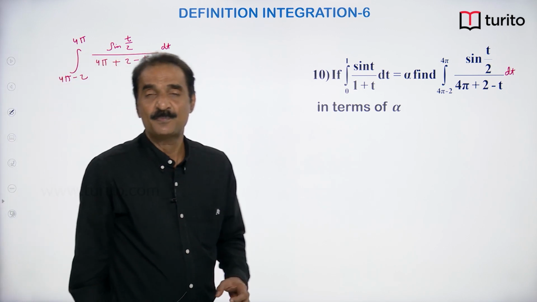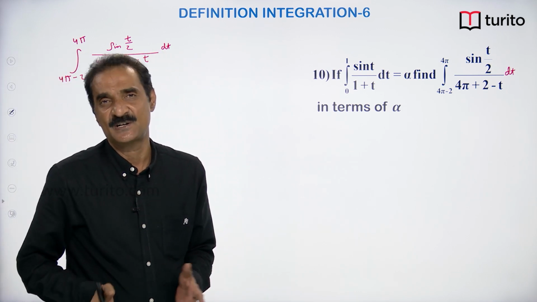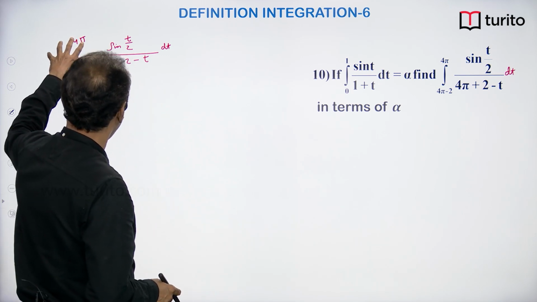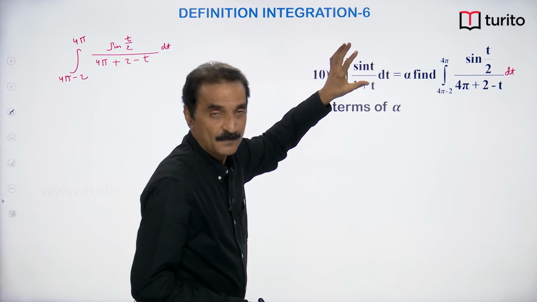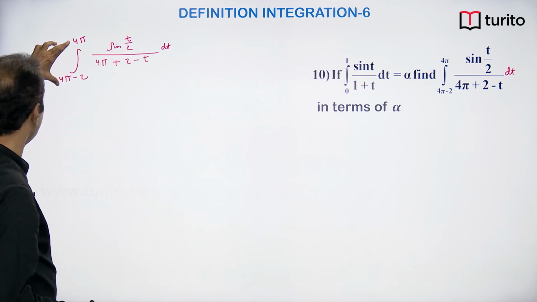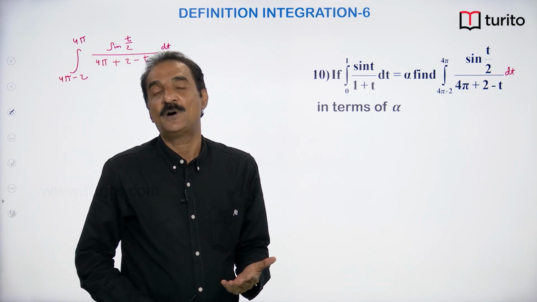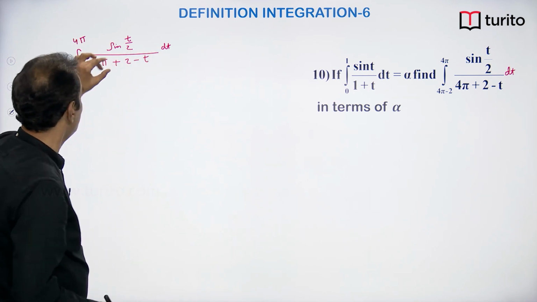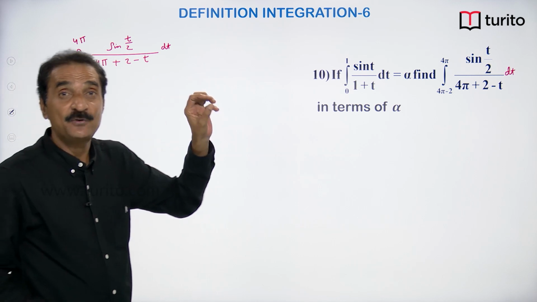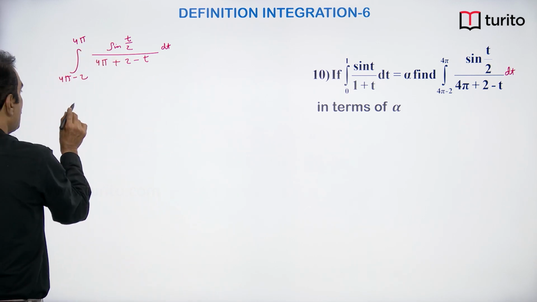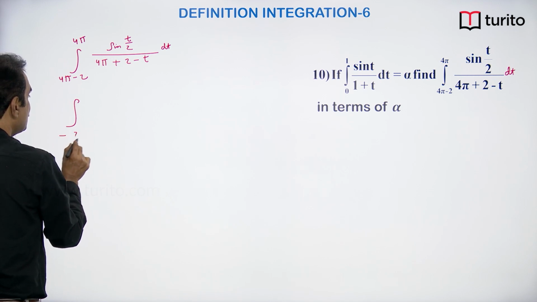We have discussed some properties, some shortcuts. If you want to convert this integral into this form, first of all we have to remove this 2 pi from the limits. If I want to subtract 4 pi from the limits, I have to add 4 pi to the variable t.